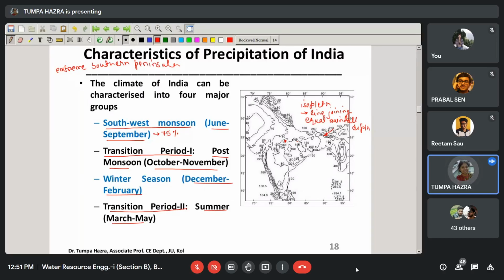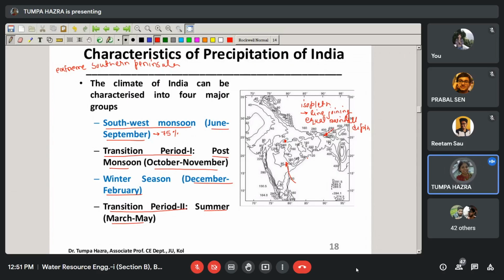And the Arabian Sea branch enters through Kerala, and then it moves northwards through Maharashtra and Gujarat.